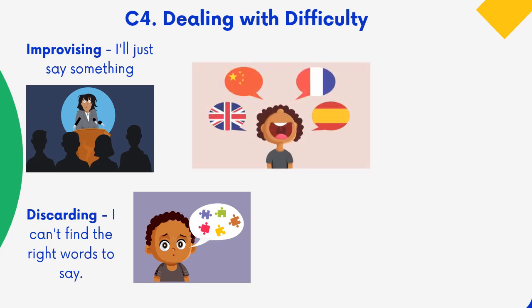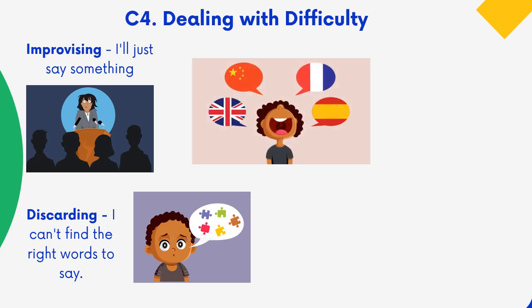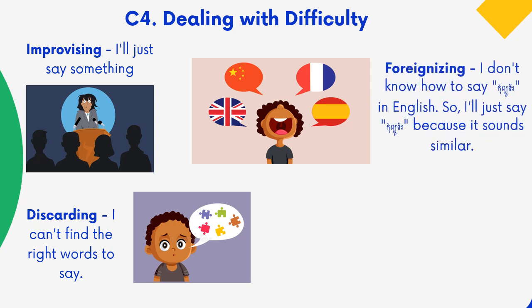For example, let's imagine a Khmer speaker who doesn't know the English word for computer, right? He or she tries to use the Khmer equivalent of the word computer, but they say it like the English word computer.